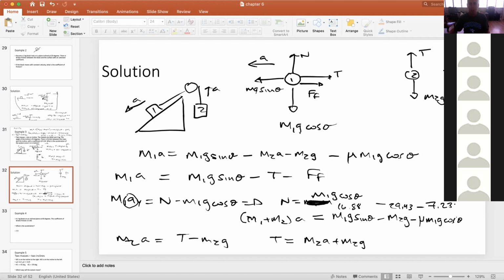So Hamed especially, you can see here that we get a negative. The acceleration is negative. In fact, the acceleration is way too big and negative. It's 29.43 plus 7.23 minus 16.88 divided by 6 again. It's like 3.29.